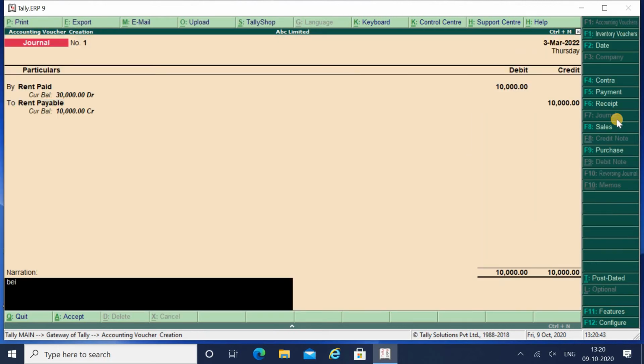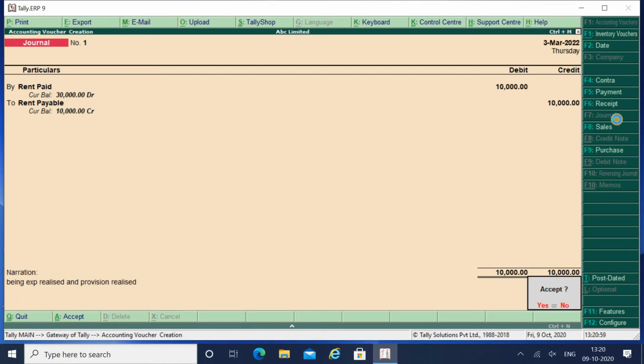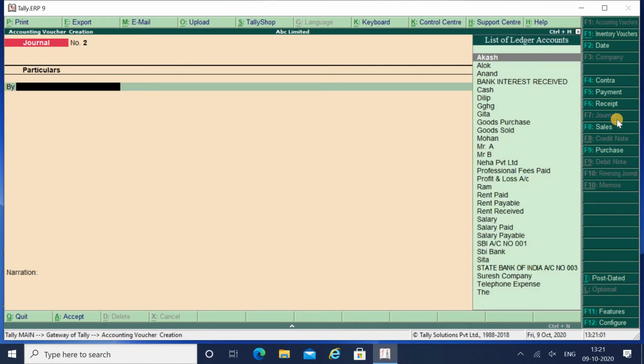So the expense is realized, that is, we have made our entry in the profit and loss account about rent paid, and rent payable means provision, and the provision is realized. So we have made our provision for this current financial year.